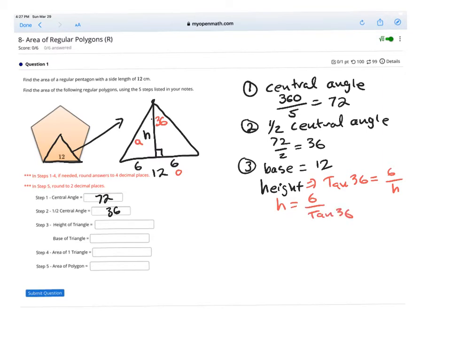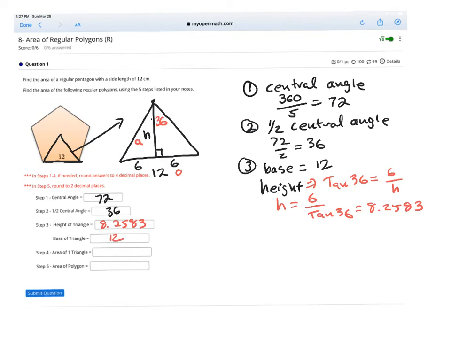If you put that in your calculator, you're going to end up with 8.2583. And for the purposes of doing these problems, you should always round to 4 decimal places until you get to the very end. So the height of my triangle is going to be 8.2583. The base, we already know from the length of the side, is 12.